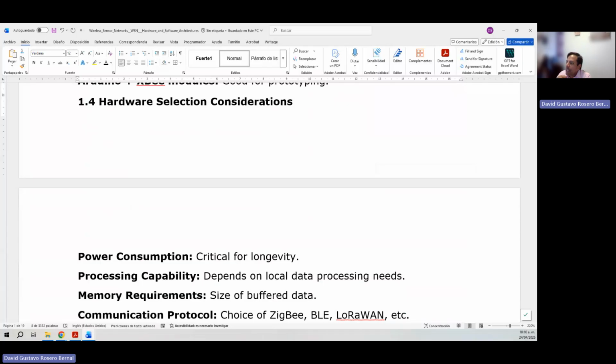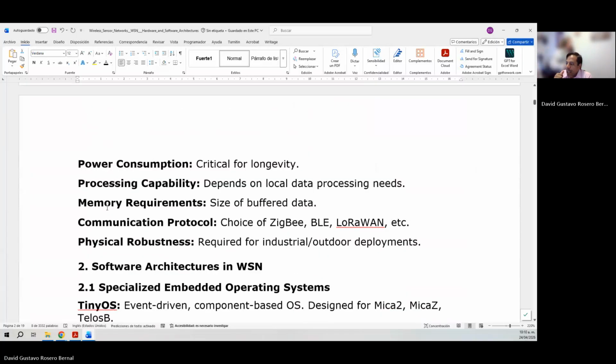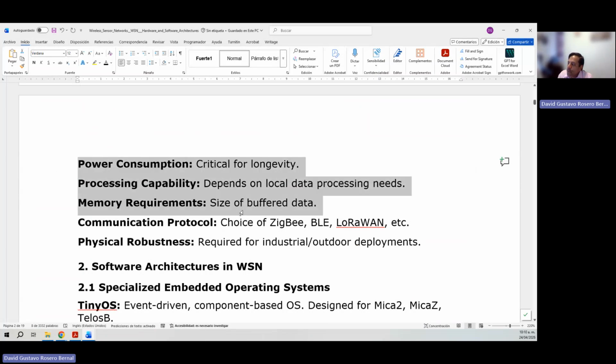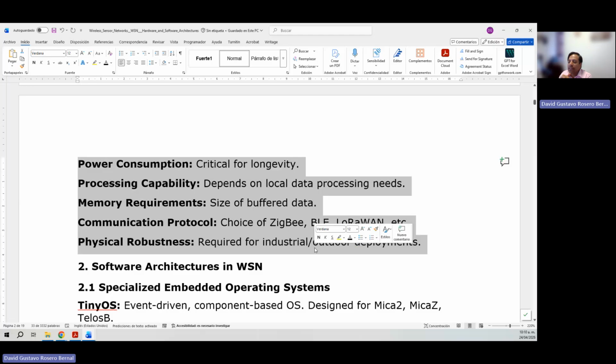We could include as well some considerations for hardware selection. In this case, we need to select the hardware appropriately according to the requirements, evaluating several key factors like the next ones. Energy efficiency, since many WSN deployments occur in remote areas where battery replacement is impractical.